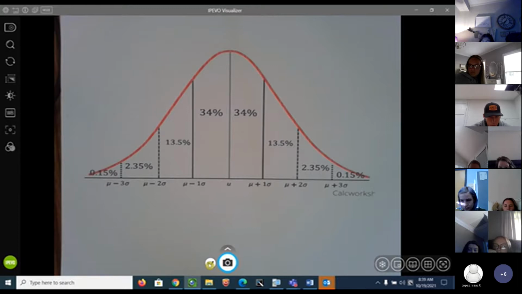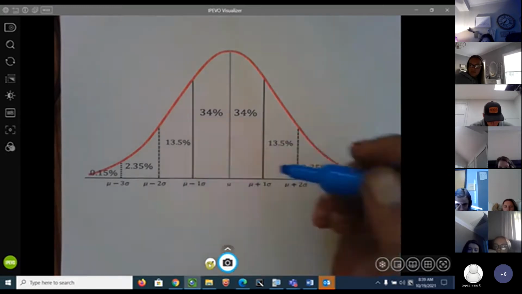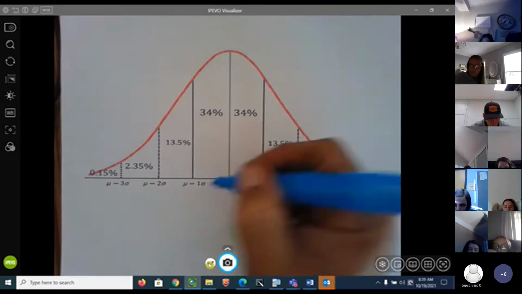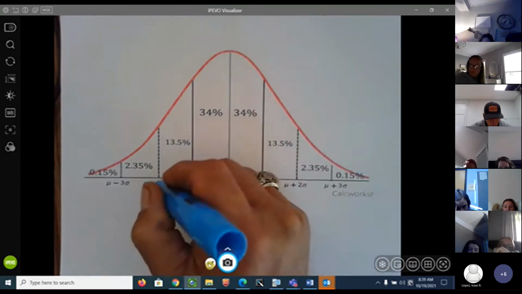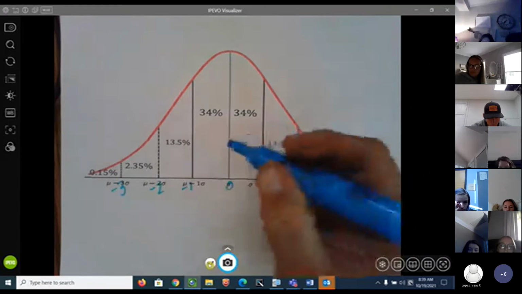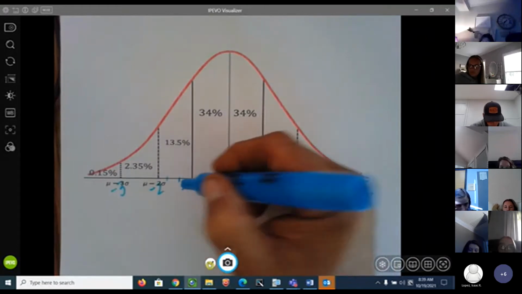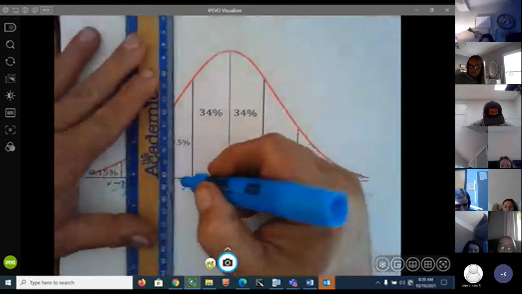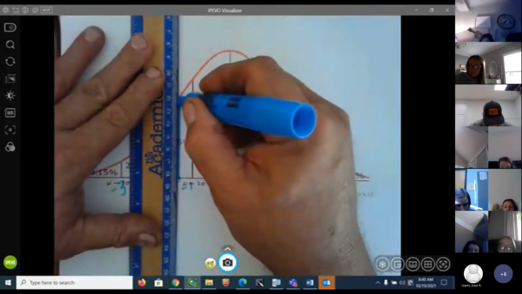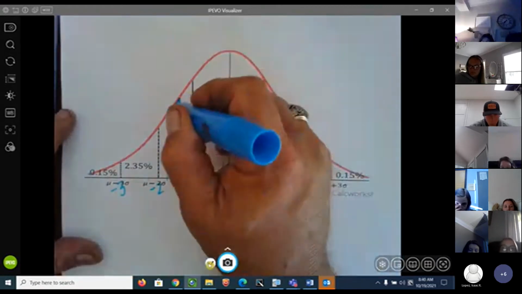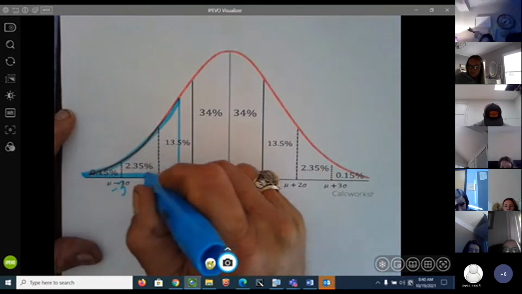So this one says, negative 1.32. 0, negative 1, negative 2, negative 3, so there's 1.32.